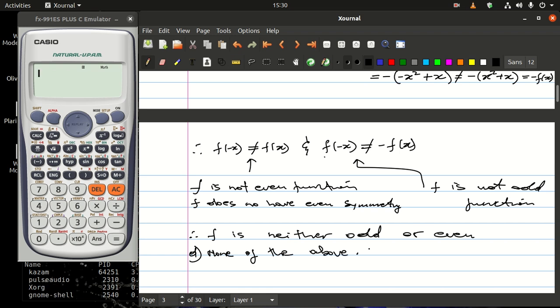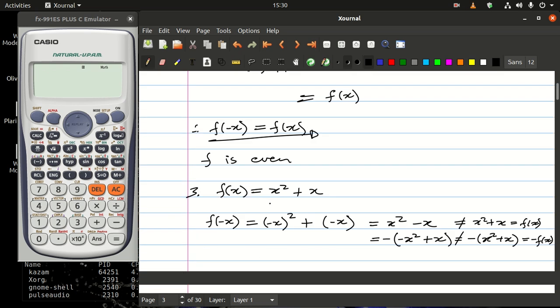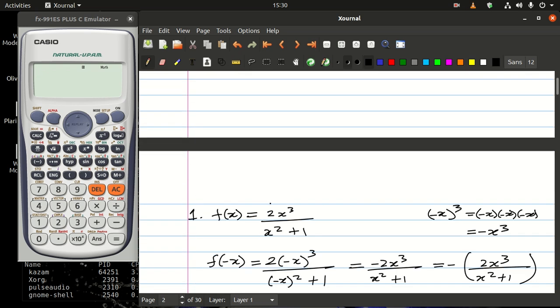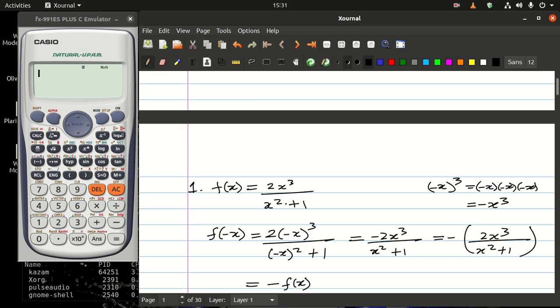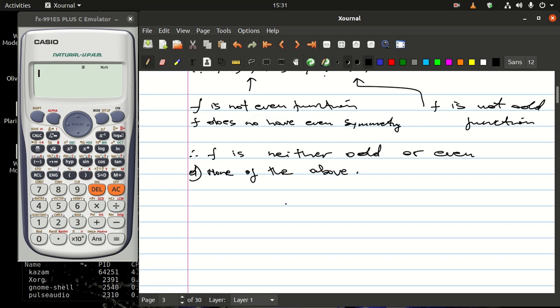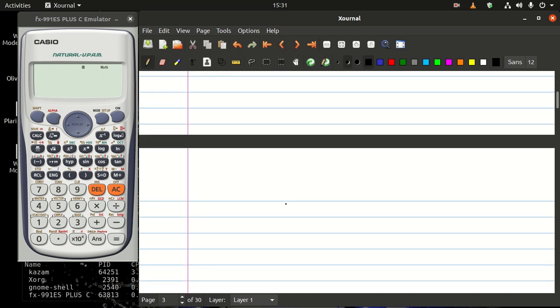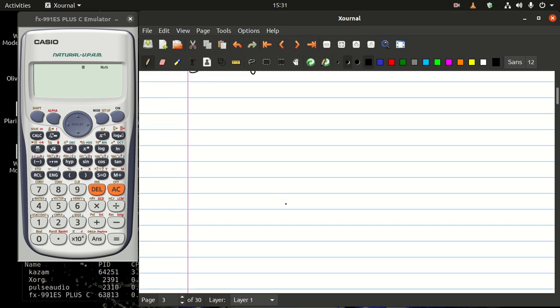So that's how you answer these questions of odd or even. Another question will come and say that, suppose you are given a function here, a curve.